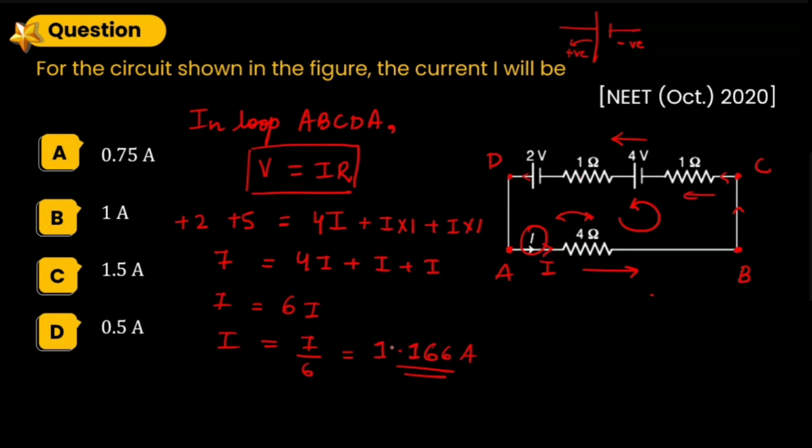So the closest value from this answer to the options is 1 ampere. So we are going with option B. Did you understand how we are actually applying KCL and KVL? KVL is Kirchhoff's voltage law and KCL is Kirchhoff's current law.